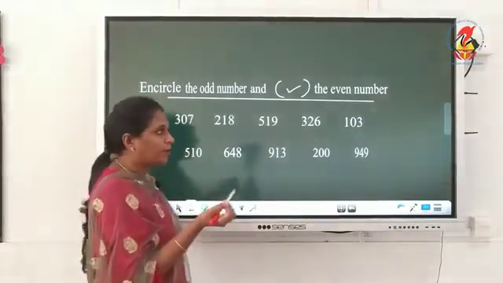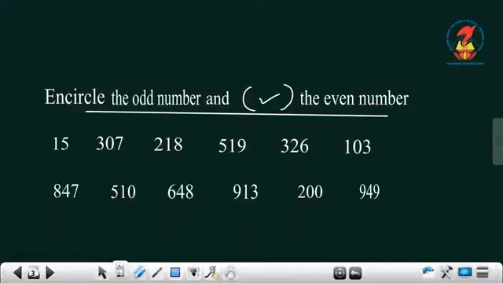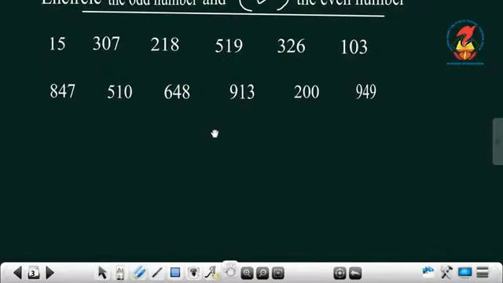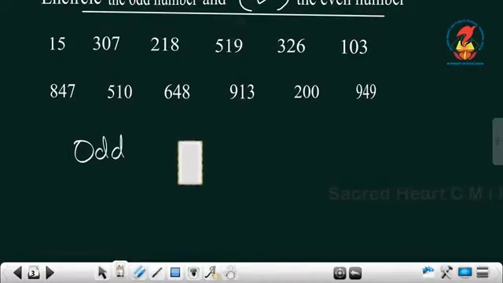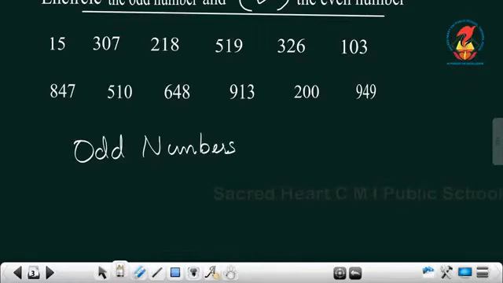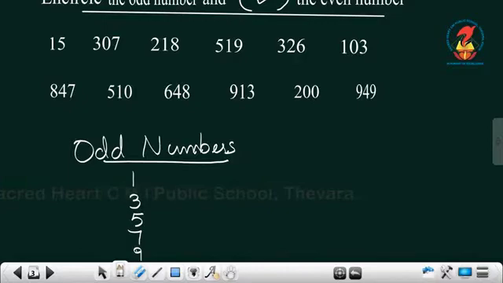What is an odd number? Odd numbers are the numbers which end with 1, 3, 5, 7, 9.